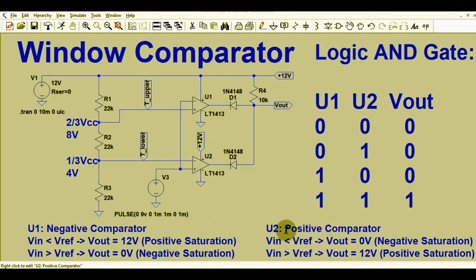For U2 this is the positive comparator. In positive comparator, if Vin is less than V reference, this is the U2. If Vin is less than V reference, V out equals 0, that means op-amp output will go towards negative saturation and negative supply is 0 volt. For Vin greater than V reference, V out equals 12 volt.